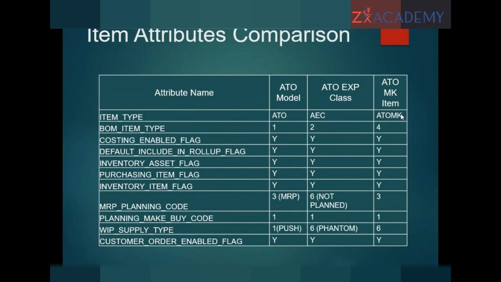When you assign the template, these are the values which will get into the MTL system items table for that item. If I query MTL_SYSTEM_ITEMS_B where BOM item type is equal to one, those are all the models.